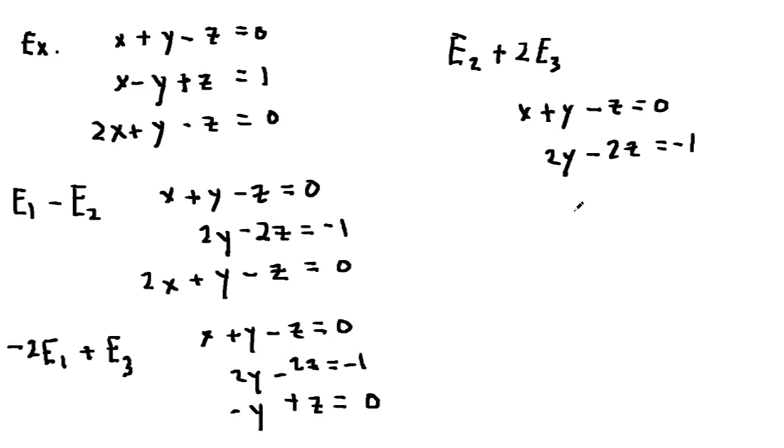For that third equation, we'll have 2y minus 2y, which is 0y. We'll have minus 2z plus 2z, which is 0z. So everything on the left-hand side is 0. Minus 1 plus 0 is minus 1. Okay, so we get a contradiction here. And since we arrive at a contradiction, we know that the original set of equations has no solution. Okay, no solution.